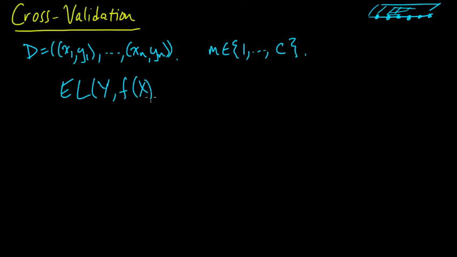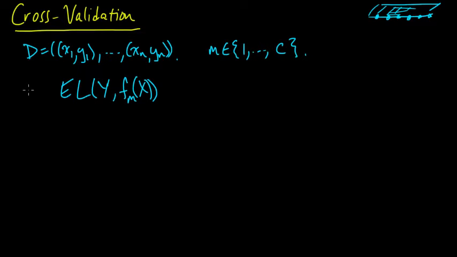We have some prediction function f, and let's subscript f by m to denote the f that we would get from the mth model on the data set D. So f also depends on D here, but I'm not making that explicit. And we want to choose m to minimize this quantity.